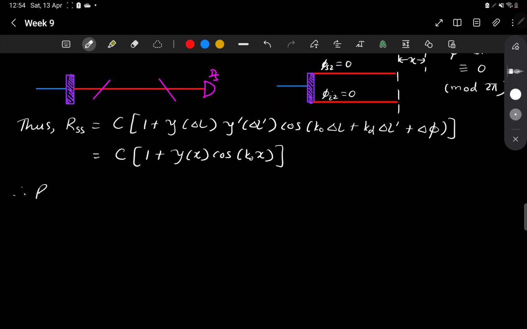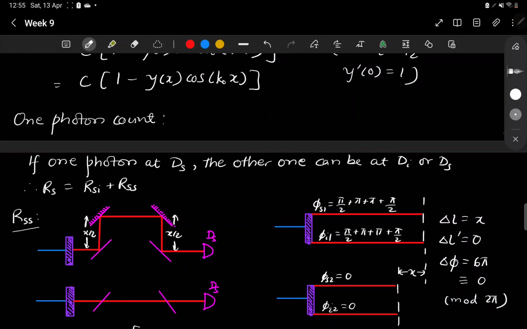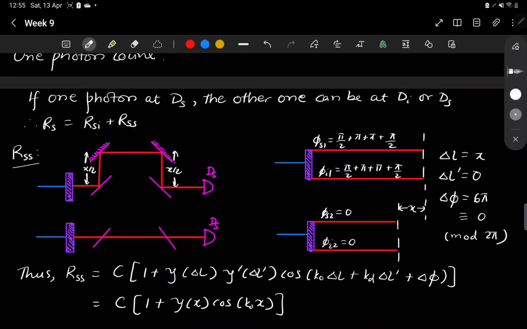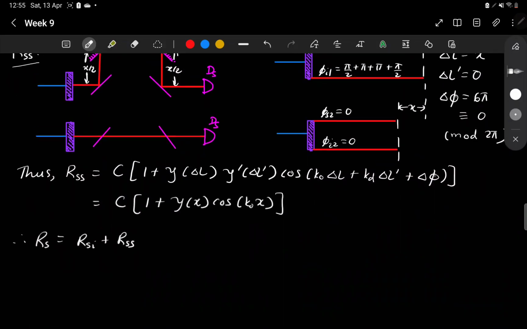so therefore RS equals RSI plus RSS, and you can see this gamma x cos k naught x and gamma x cos k naught x, this cancels because here there is plus sign, here there is minus sign.